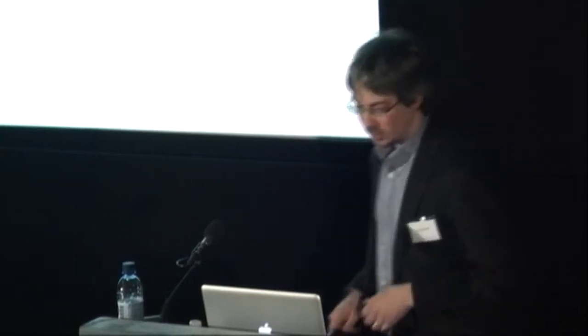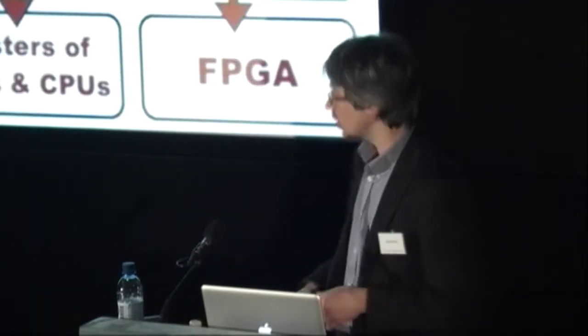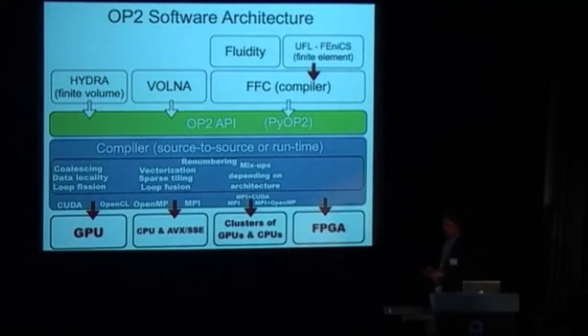I already told you about how data is accessed. So here is the general picture and some optimizations. So we've got Hydra, and I will talk about Hydra more later. It's a Rolls-Royce application, actually, based on finite volume. We've also got this Volna application, so people are working on getting Volna on top of OP2.